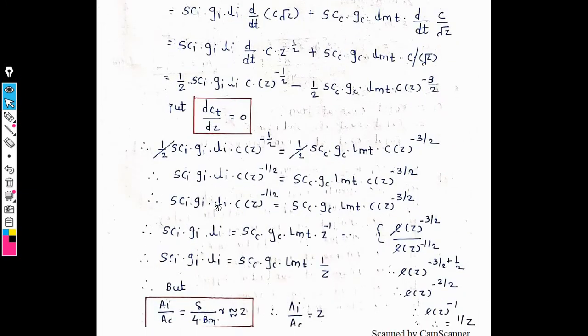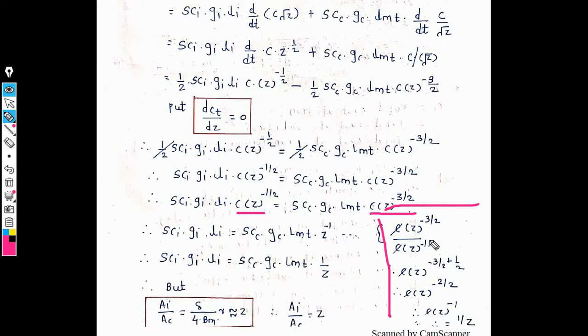Then SCI into GI into LI, C into Z raised to minus 1 by 2, SCC into GC into LMT, C into Z raised to minus 3 by 2. Okay, then this value as it is taken, C by Z and C by Z into minus 1 by 2. This solution is obtained here. That means C of Z raised to minus 3 by 2, C of Z raised to minus 1 by 2.